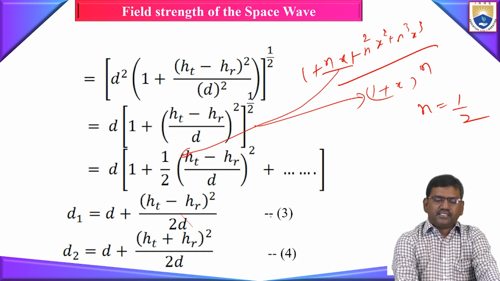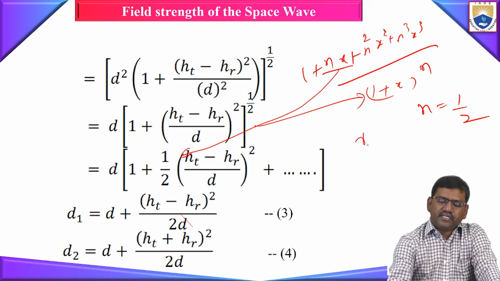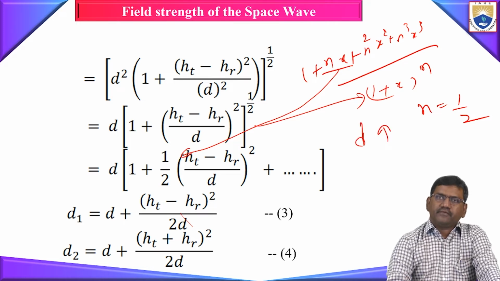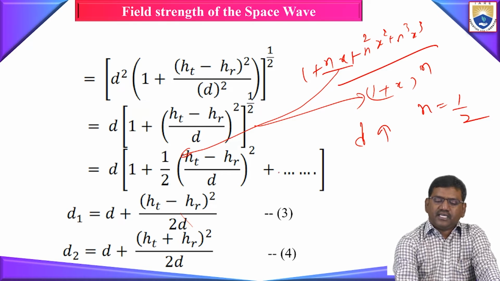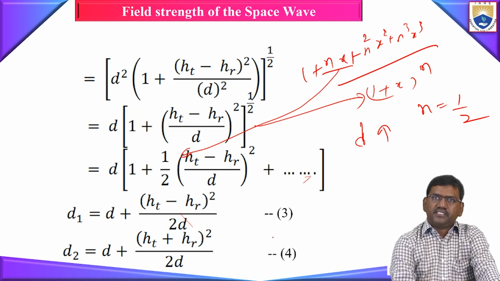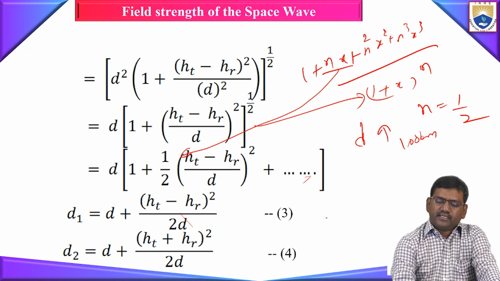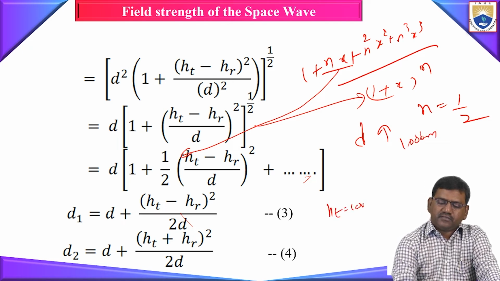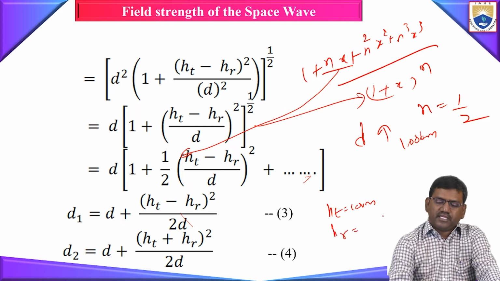As the heights of the transmitting antenna and the receiving antenna are small compared to the distance, these higher order terms can be ignored. The distance is around 100 kilometers, but the height of the transmitting antenna is approximately 100 meters, and the height of the receiving antenna may be 80 meters approximately.